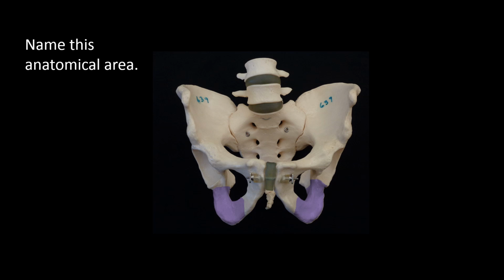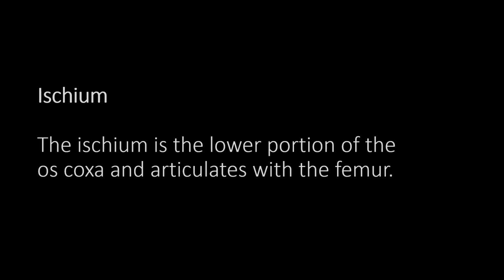Ilium, the uppermost part of the pelvis. Name this anatomical area. Ischium. The ischium is the lower portion of the os coxae and articulates with the femur.